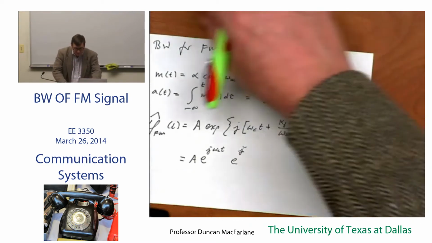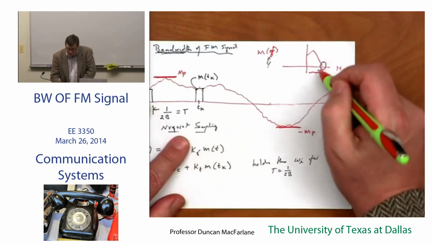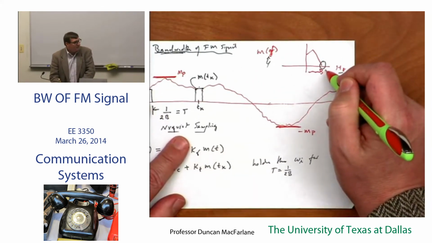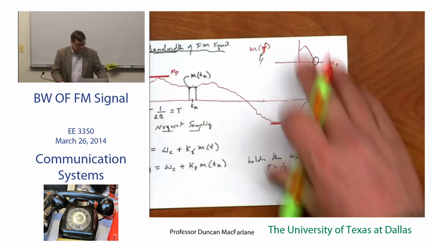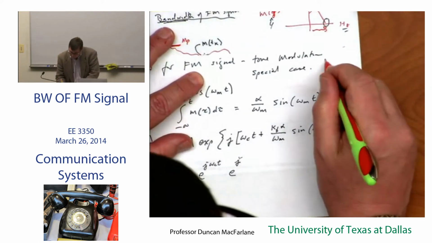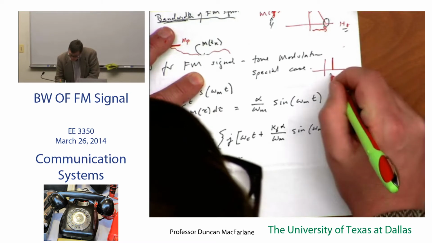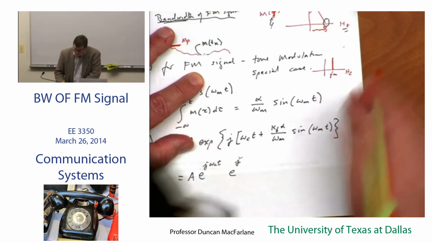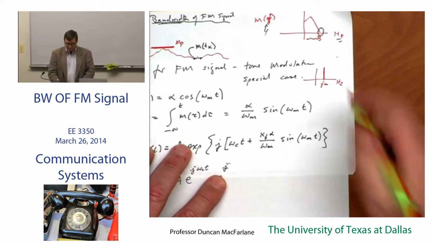Here's how I defined capital B. For this particular case, for this tone modulation in hertz, there's f sub m, omega sub m over 2 pi.